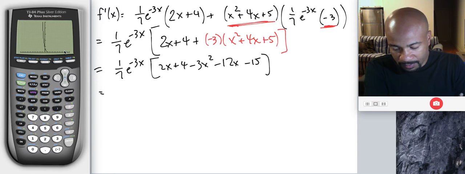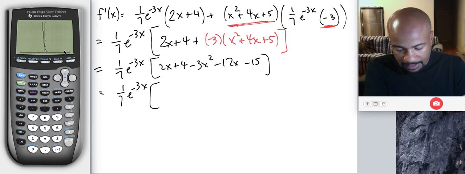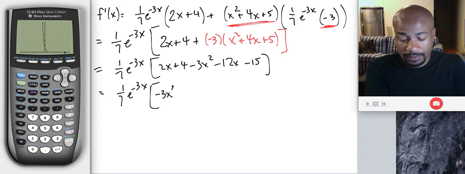So what does that leave me with? 1/7 e to the negative 3x. And then I have, let's see, negative 3x squared. I don't like that 2. I've been jacking up that 2. 3x squared, there we go. So I have negative 12 and 2, so that's minus 10x.